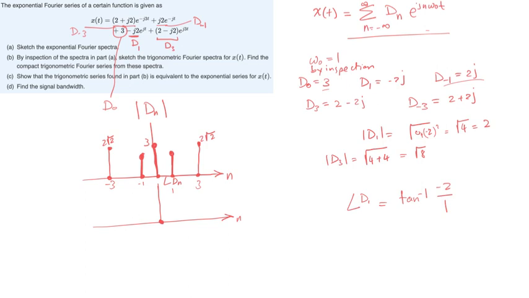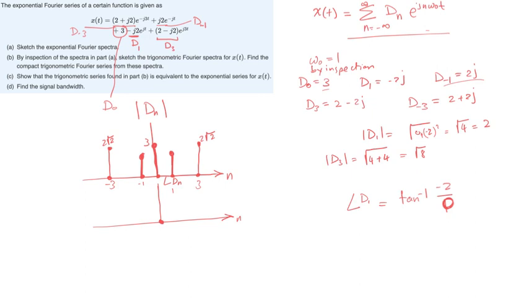Sorry, this is wrong. The real part is not minus 2. The real part is 0. So tan minus 1 of infinity is what? Which angle gives you infinity? It's pi over 2 and minus pi over 2. Which one you pick, the positive or the negative, depends on the sign. So sorry, I made a mistake here.